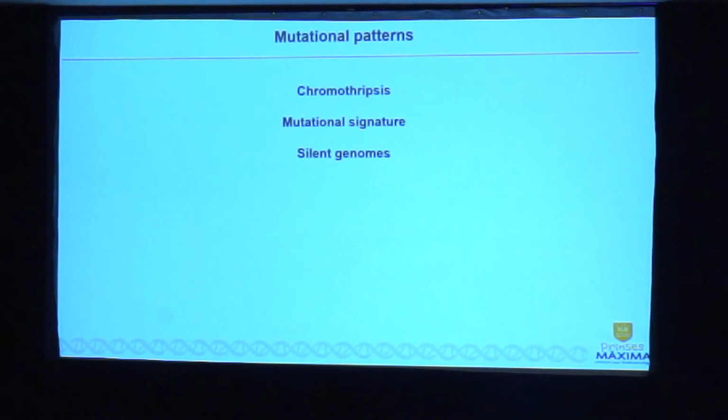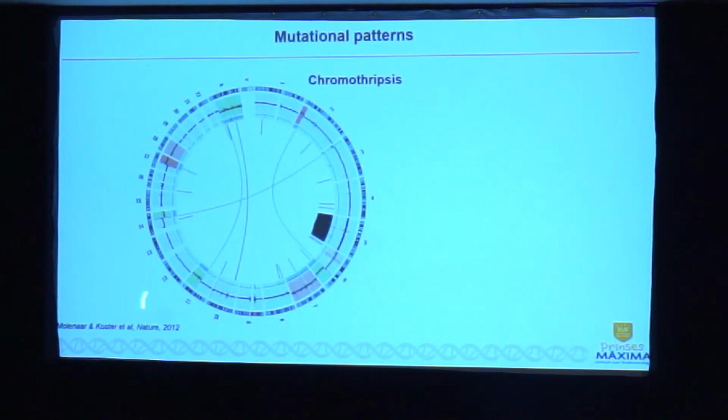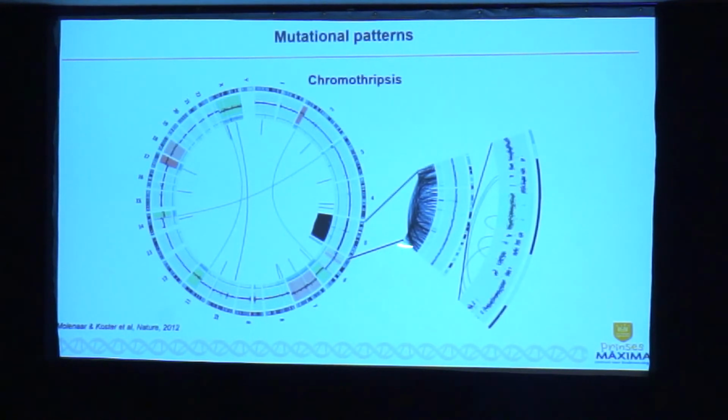Now we have some interesting mutational patterns where we have chromothripsis, mutational signatures, which are really hot now, and the silent genomes. So chromothripsis, here in this circos plot, which we call the moustache, nice area here, and when you focus on the moustache, it looks like this, where you have this huge amount of structural variants.